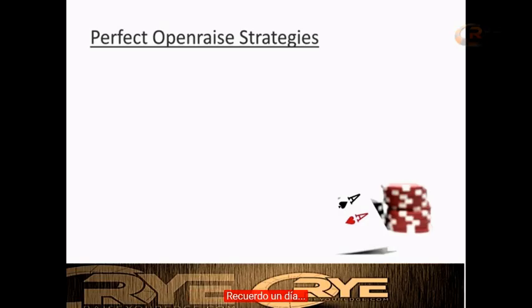I remember one day doing content with a buddy and we were doing some post-flop analysis, and in those days, a couple years ago, we didn't have any kind of solver tools like PioSolver or Simple Postflop. So we basically just used our brains and a pencil and paper.